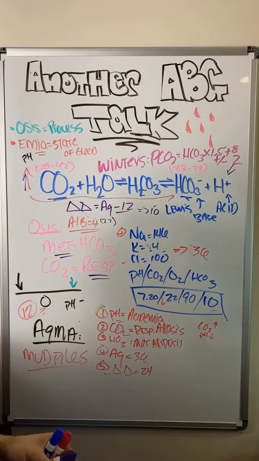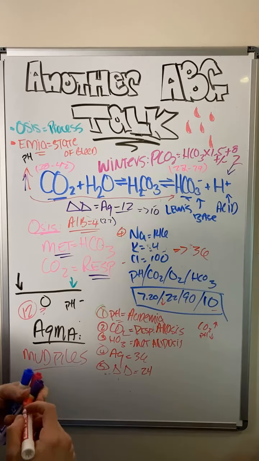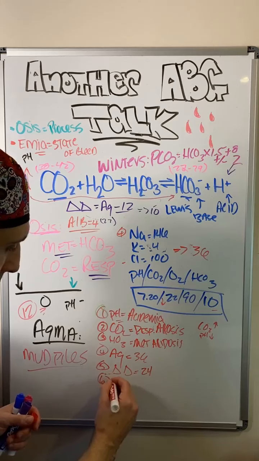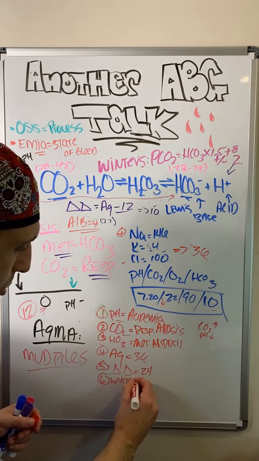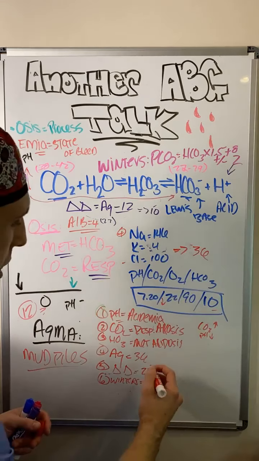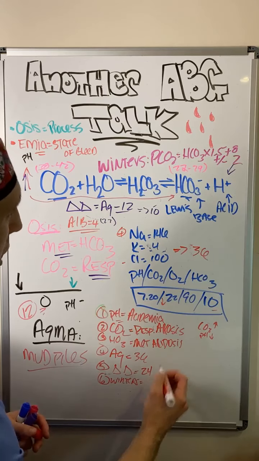All right. And so the last thing we need to look at is our Winter's formula. And we want to see whether or not there's an appropriate change in our CO2 to deal with this acid. So we have our Winter's formula, like I said, up here.